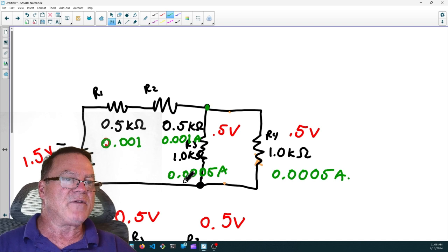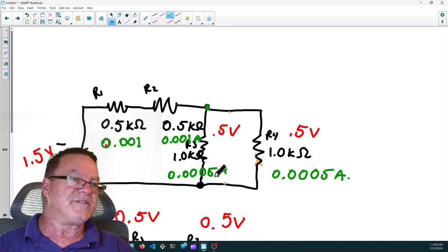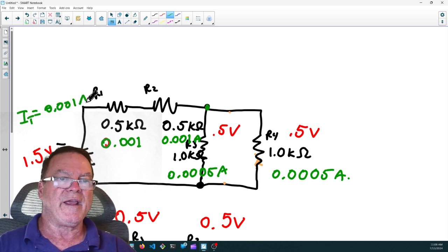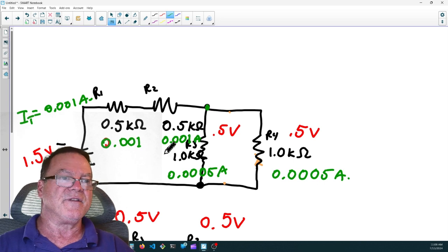If we were to add those two together, 5 10,000ths and 5 10,000ths, we would get 10 10,000ths or 1 1,000th. And that's what our total current was, remember? Equals 0.001 amps, 1 1,000th of an amp.